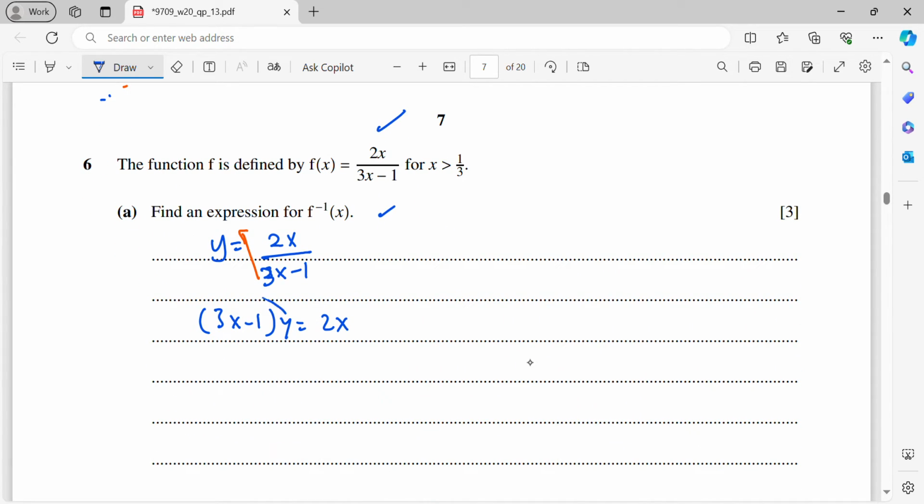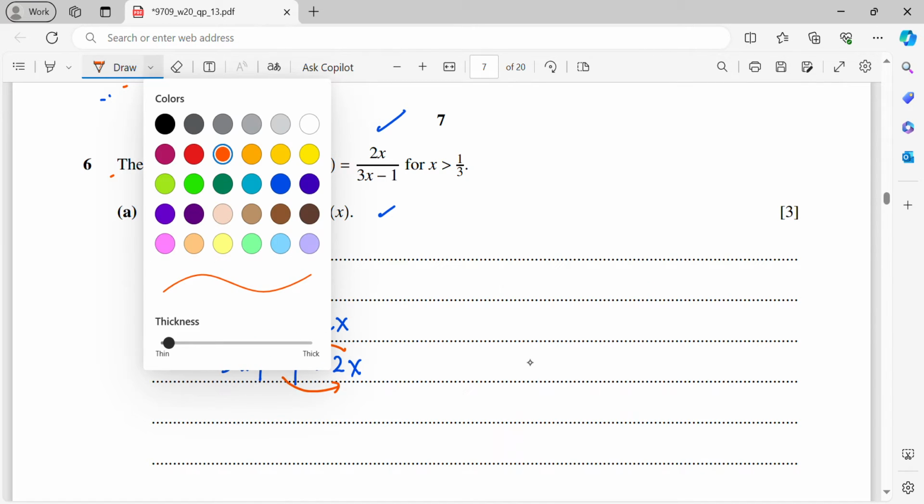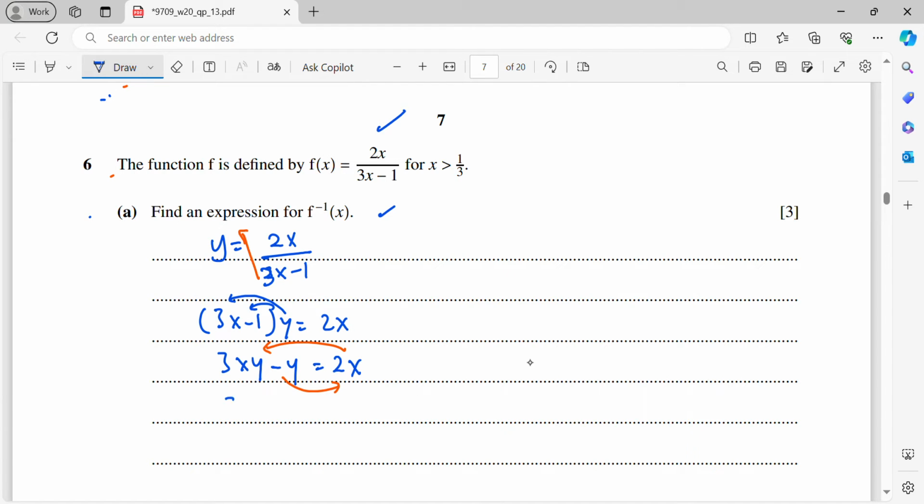So here, when you do expansion, I will be getting 3xy minus y equals to 2x. And now I group the x together. So this 2x move to left side and the minus y will be moved to right side. That means you will be getting 3xy minus 2x equals to y.